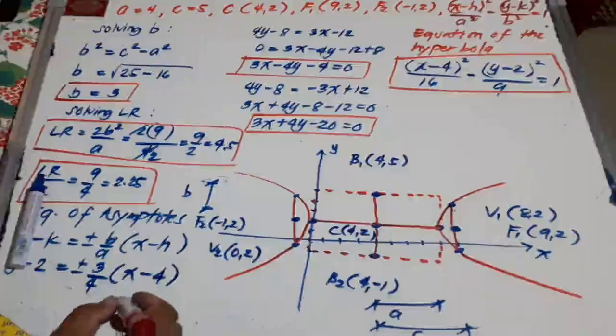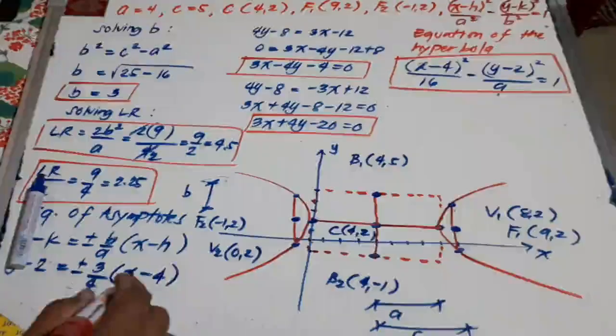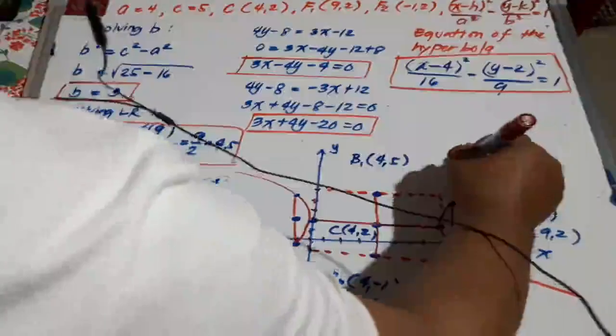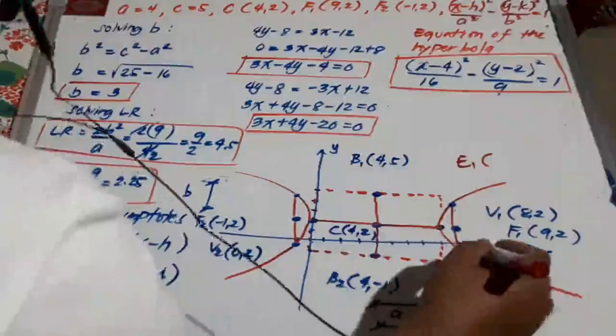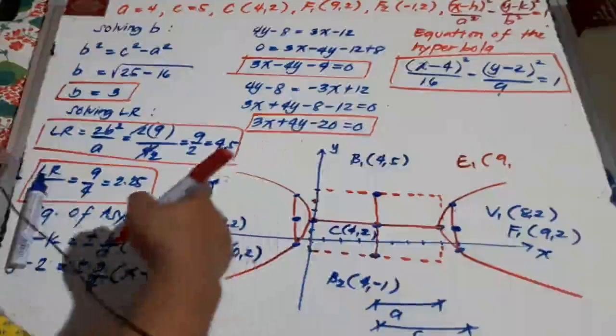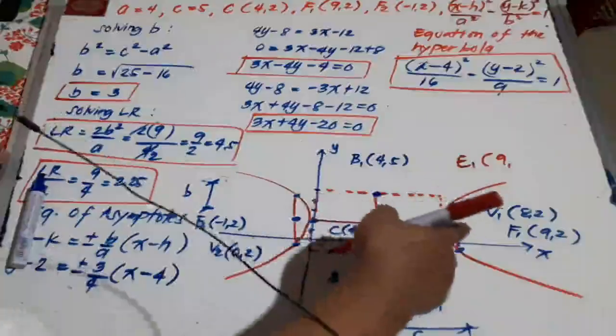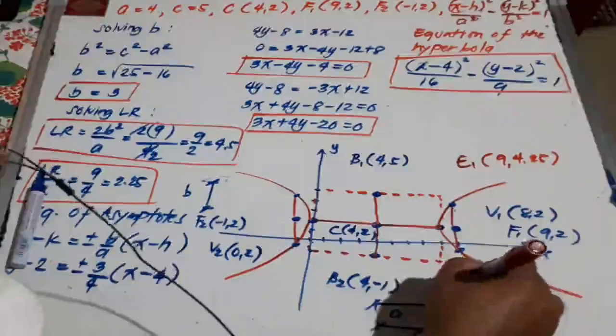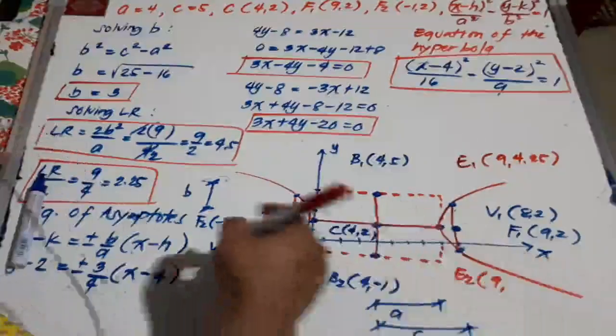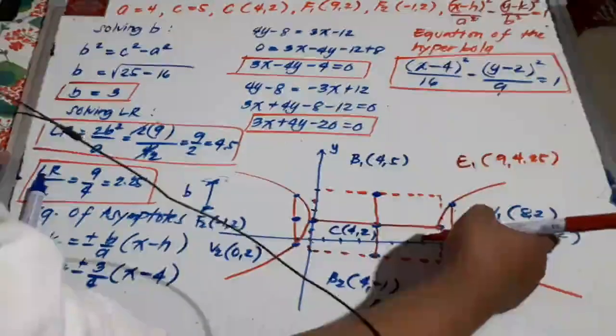Okay. And then, yung coordinates ng mga lateral recta, E sub 1, parehas ang kanyang horizontal sa focus 2, so 9. Then, magdadagdag ka lang ng 2.25 from 2. So, that will be 4.25. Dito naman sa baba, A sub 2, we have 9. Magsusubtract ka naman ng 2.25 from 2.